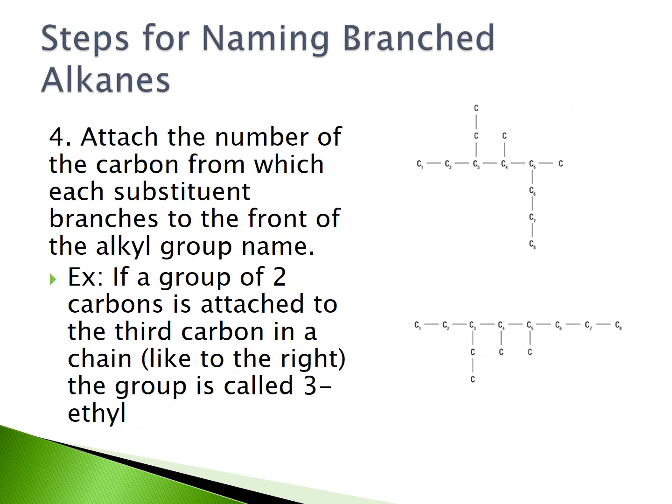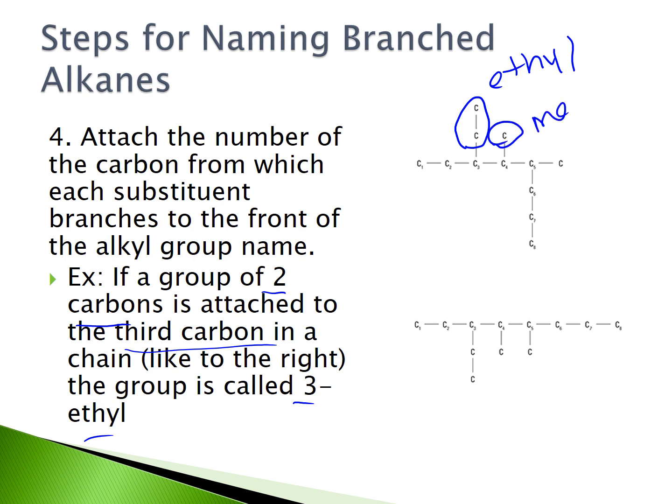So the next one we're going to do is attach the number of the carbon from which each substituent branches to the front of the name. And it says if 2 carbons are attached to the third carbon, then you call it 3-ethyl. So what that means is this was ethyl.